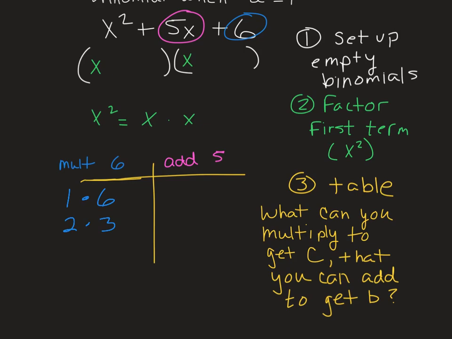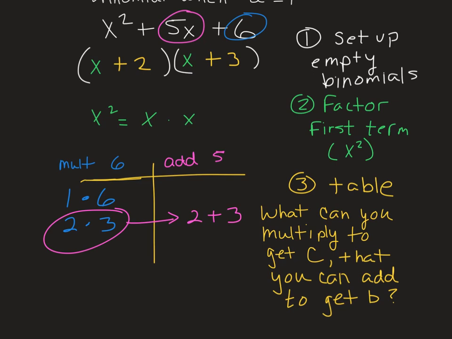As it happens, yes, because 2 times 3, if you add 2 plus 3, you also get 5. So those are your two numbers that are going to go inside of your binomials. So it's going to become x plus 2 and x plus 3. The numbers from step 3 are going to go right there.